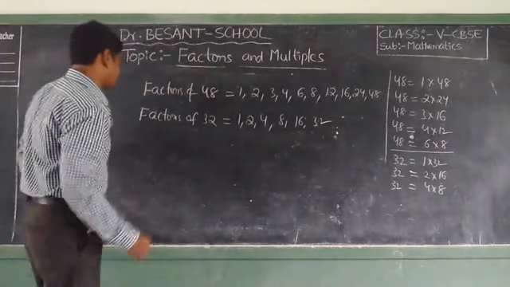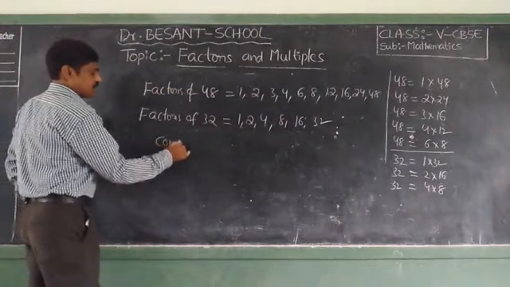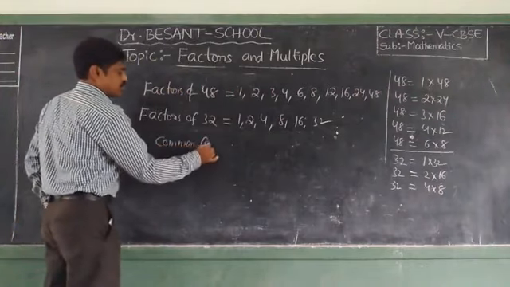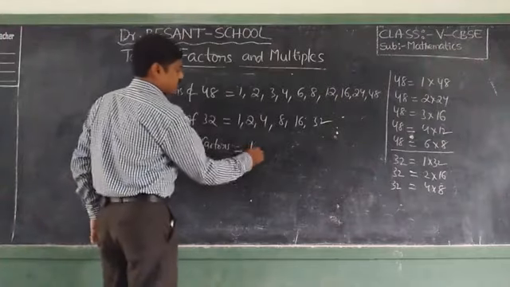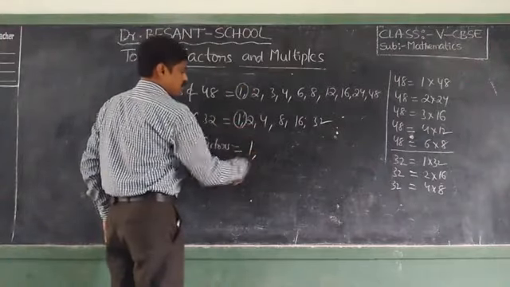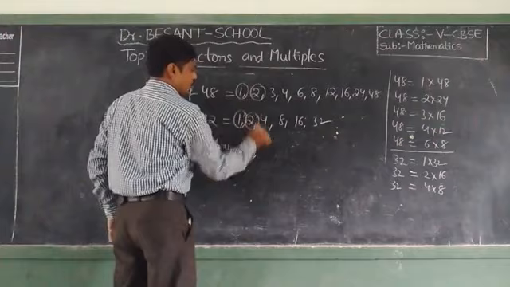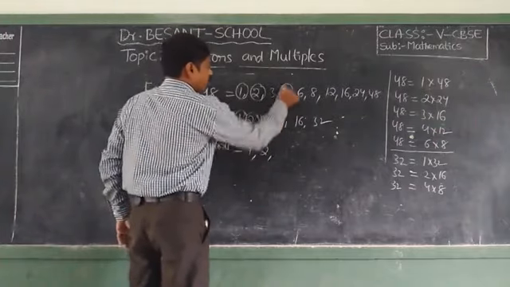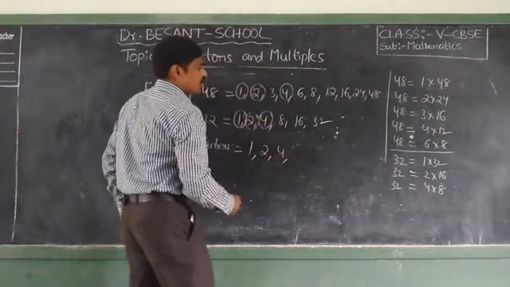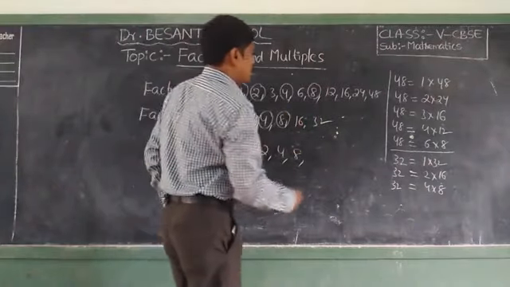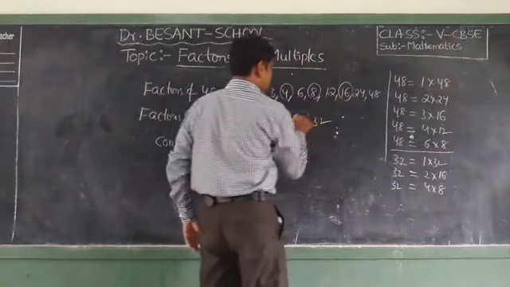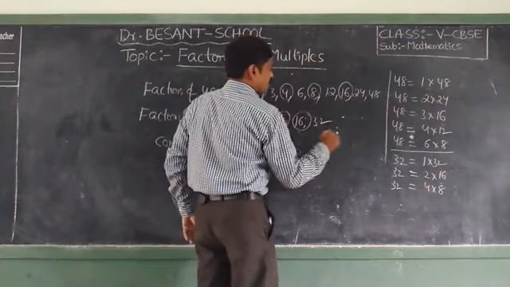So common factors: 1, 2, 4, 8, 16. Okay.